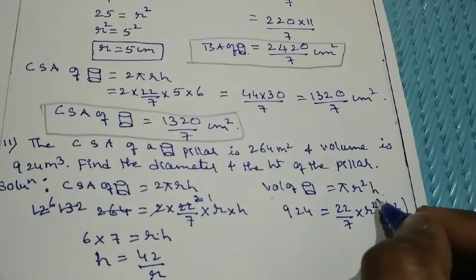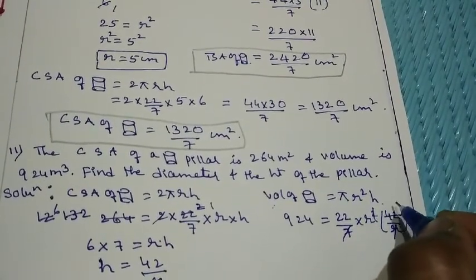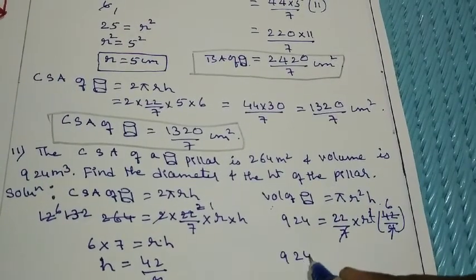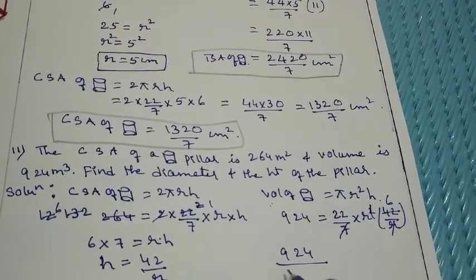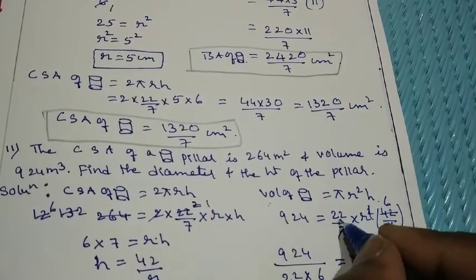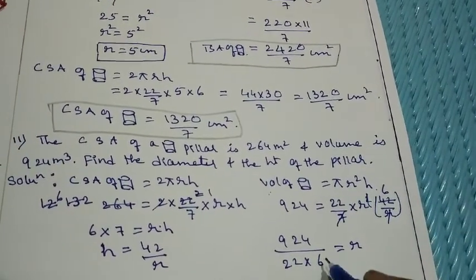So this single r gets cancelled. 7 ones are 7, 6 sevens are 42. Then we will get 924 divided by 22 into 6 equal to r, because 22 and 6 are under multiplication with respect to r, so they change to division.